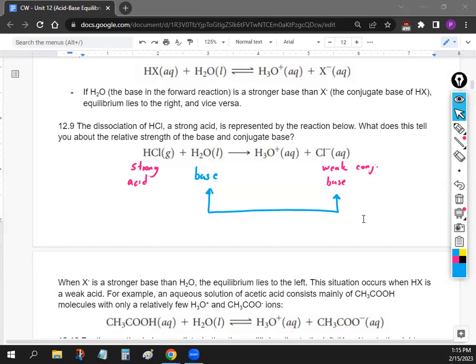Yeah, but let's assume we don't have the scale. I'm tired of taking questions, we're going to move on. It's because Cl minus is the conjugate base of a strong acid, so that means the other bases have to be stronger.